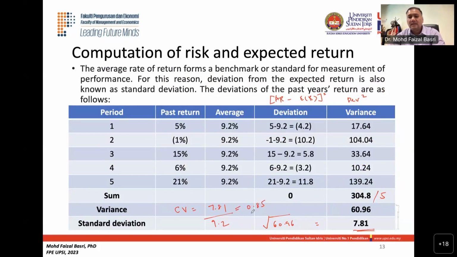Okay, so this is just an alternative calculation. If they ask you to find the CV, the coefficient of variation, but most of the time, usually they will ask you for variance and standard deviation. These two will be the prominently used measurements when we talk about measurement of risk.